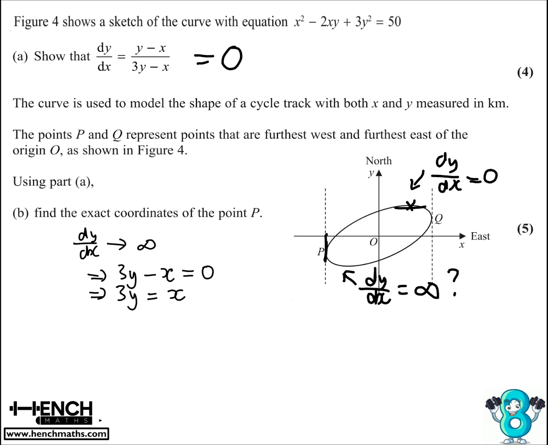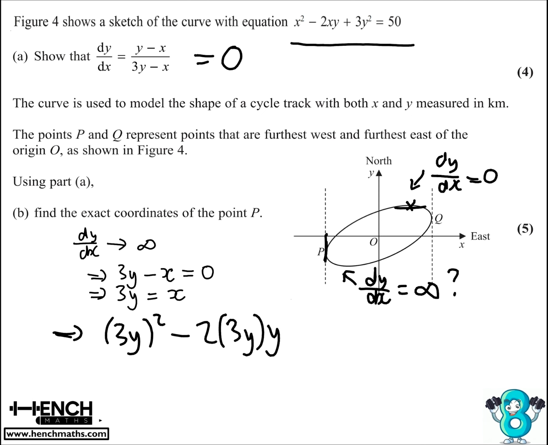So we've got the equation 3y equals x, and we've also got our original equation. So I'm going to sub in x as 3y in here. So our equation is going to become 3y all squared subtract 2 times 3y multiplied by y plus 3y squared equals 50.